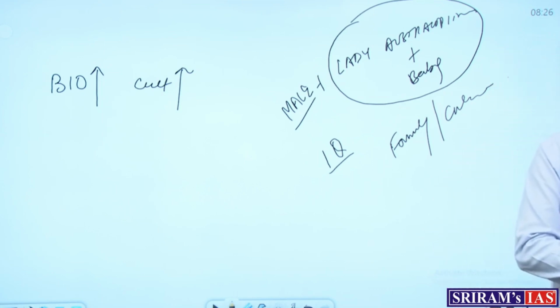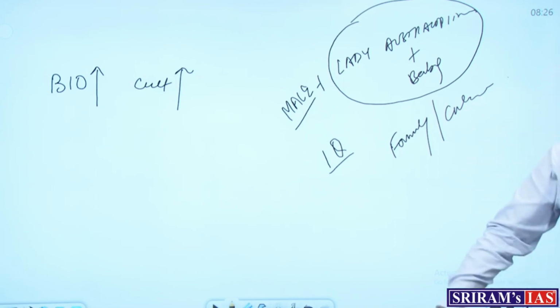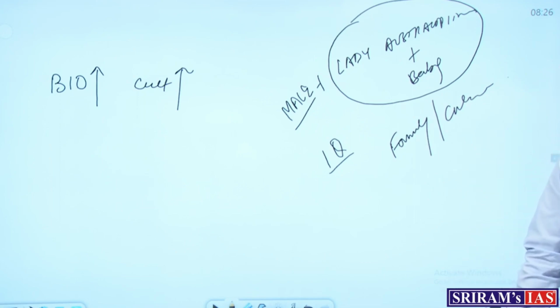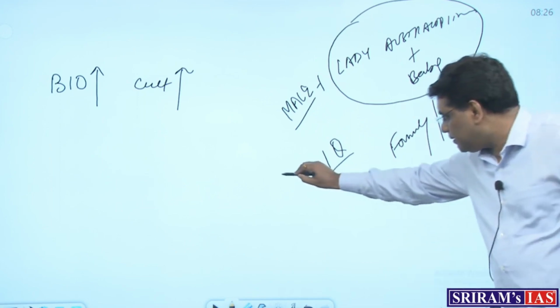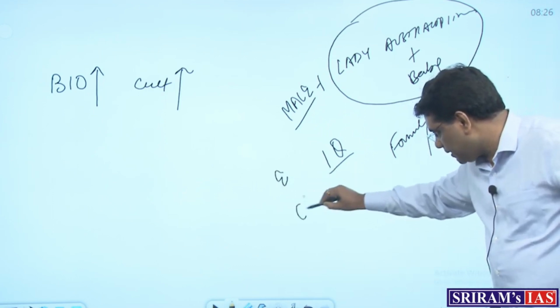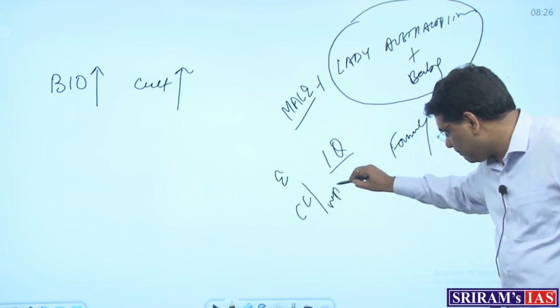Cranial capacity per unit body weight. Otherwise, elephant will become the most intelligent. So cranial capacity per unit body weight is highest in human.